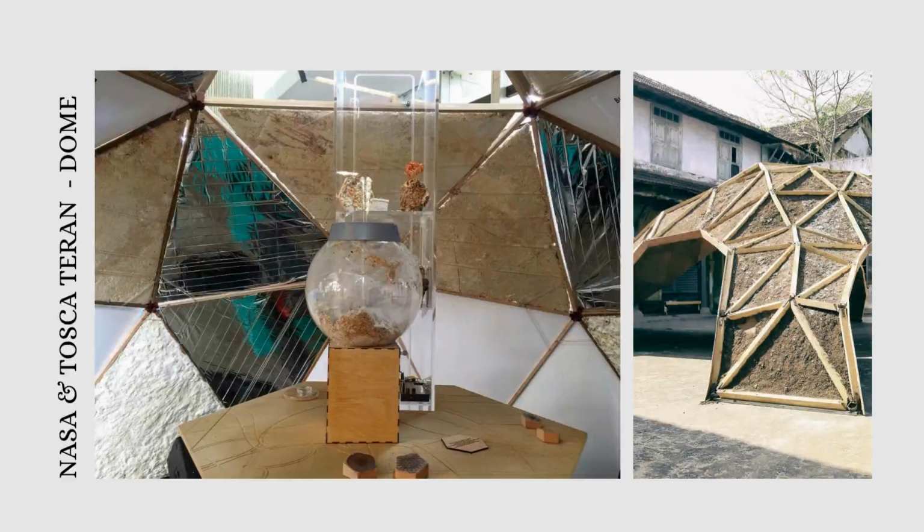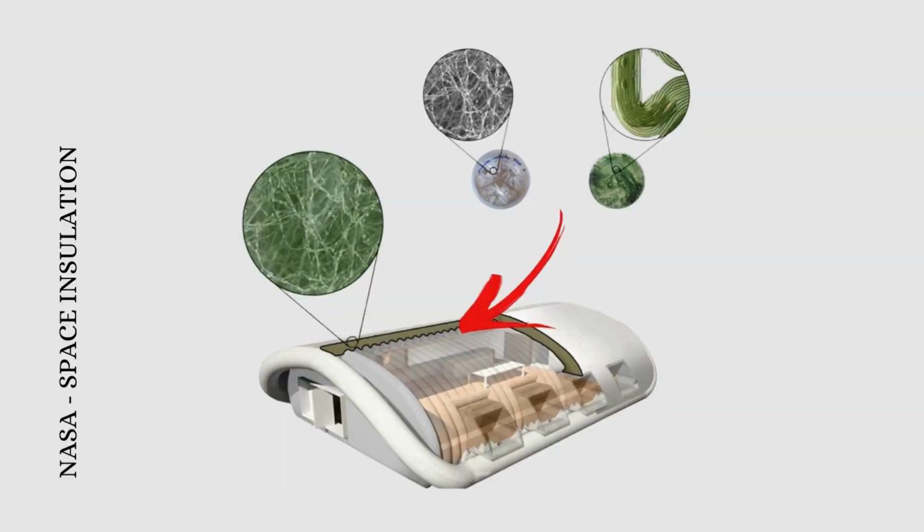This research project was in collaboration with NASA, and is part of their line of research about growing structures in space. One of the reasons that mycelium has shown promise as a potential building material for space exploration is that it's lightweight, it's compact, and ideal for transporting to space missions.